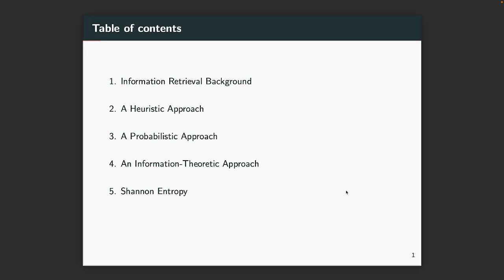Because this particular concept actually came from information retrieval research, I would like to give you some background of it very briefly. And then I would like to get into the heuristic understanding of IDF. So that will be our video for today. And then in the next couple of videos, I would like to talk about it from two different perspectives.